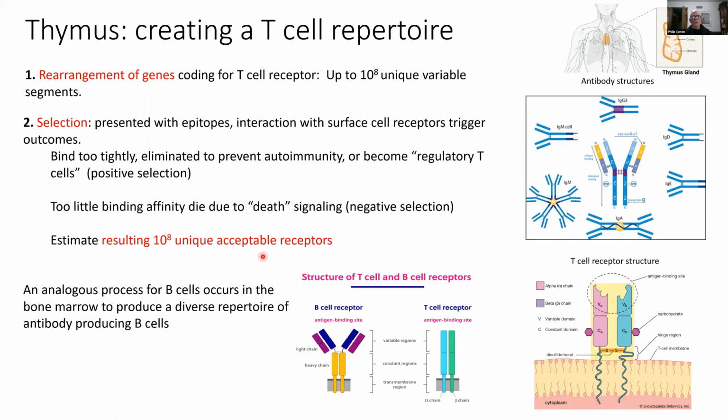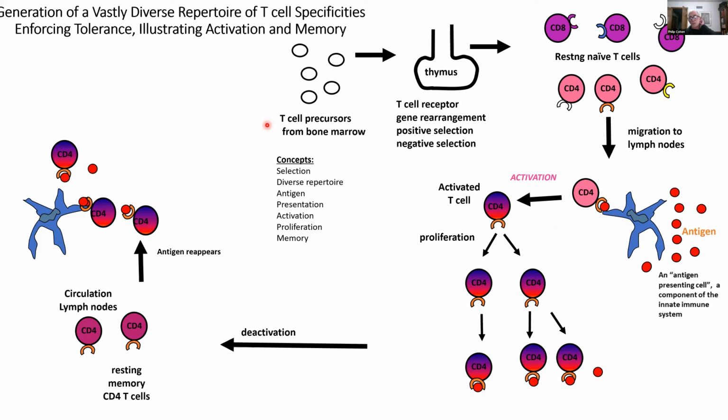And so, again, these are just cartoon representations. So here's just a recapitulation of what I just said. This is the thymus. These are precursor cells that come from the bone marrow. They go to the thymus. The genes that code for the variable part of the T cell receptor undergo rearrangements so that they now code for a whole bunch of different receptors.